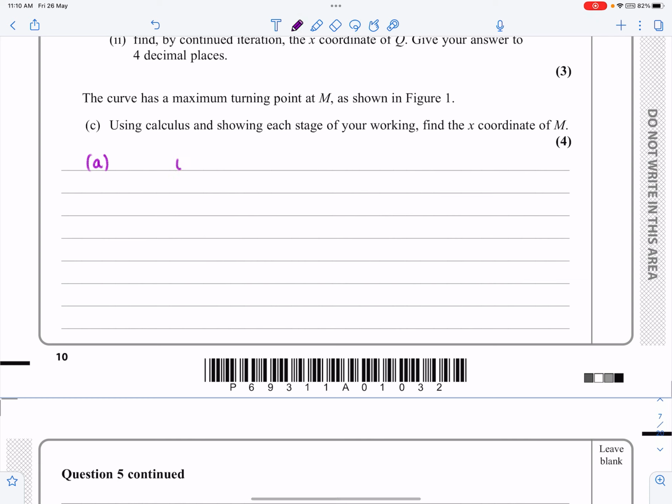So the question was, y equals 6 log(2x plus 3) minus a half x squared plus 4, and what we're going to do is work out f of minus 1.25.